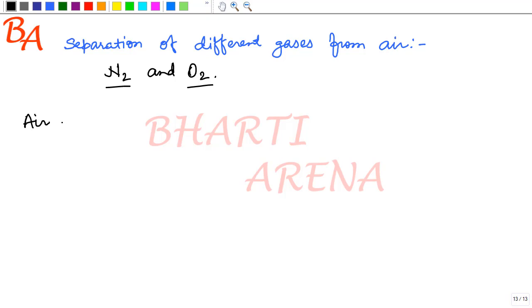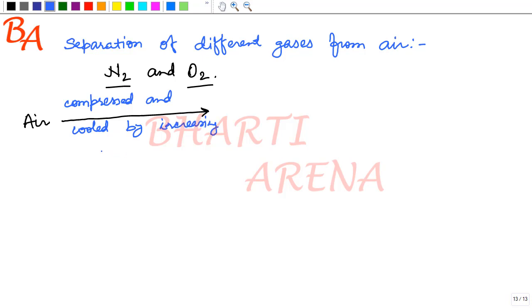We take air and this air is compressed and cooled by increasing pressure and lowering temperature.